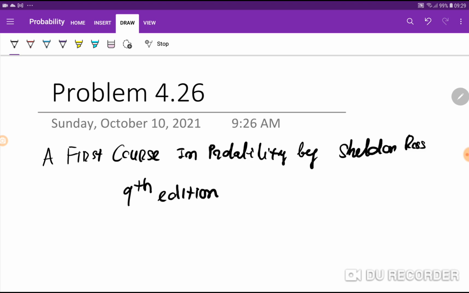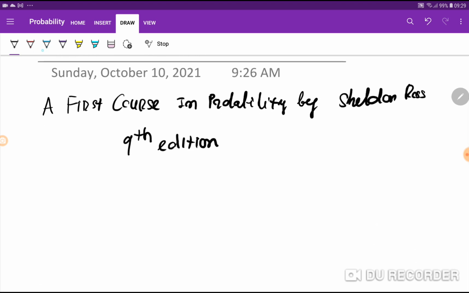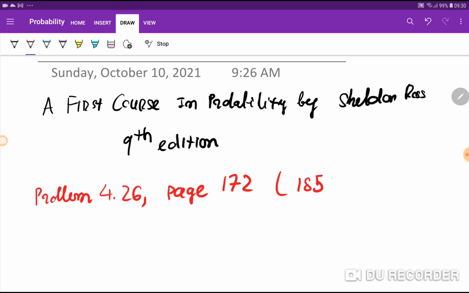And the problem we're gonna solve today, let me write in, is problem 4.26, page 172. If you use the PDF, it will be on page 185, or 484. Okay, this is for the PDF.